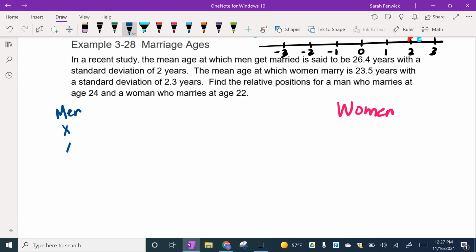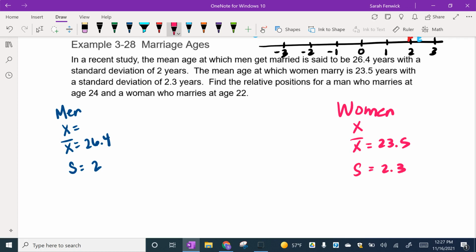Well, I want X bar, S. I work with patterns, so I keep in the same order. My X bar for men is 26.4 with a standard deviation of 2 years. The mean age at which women marry is 23.5, X bar, S. So this is 23.5 with a standard deviation of 2.3 years.